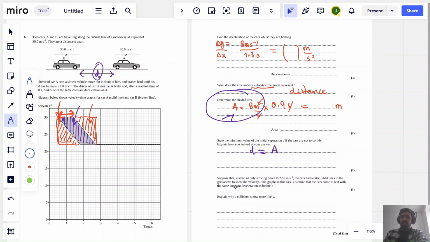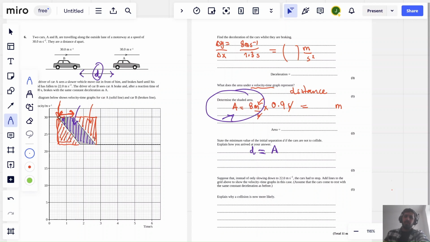The next question is, suppose that instead of only slowing down to 22 meters per second, the cars had to stop. Add lines to the grid above to show the velocity time graphs. In this case, assume that the cars come to rest with the same constant deceleration as before. It's very simple.